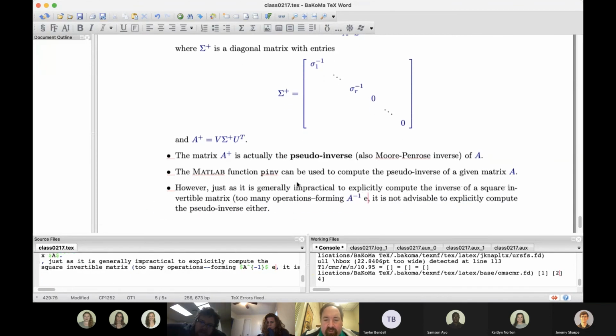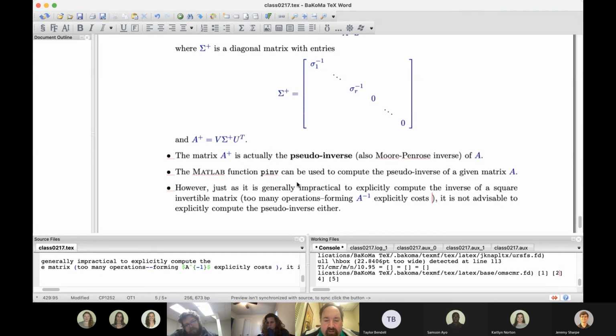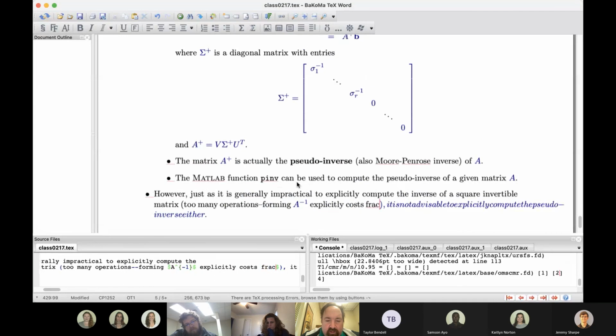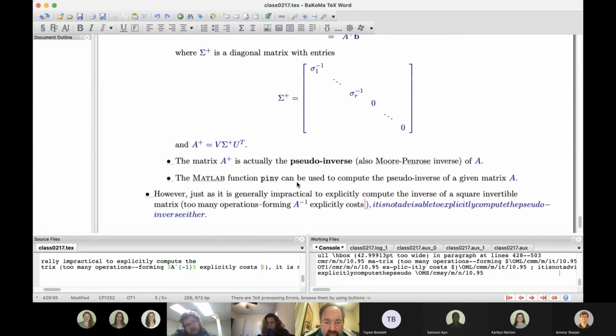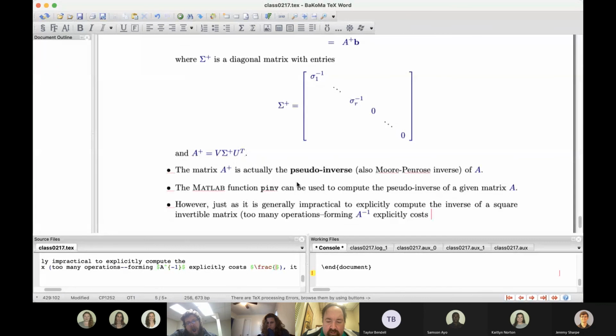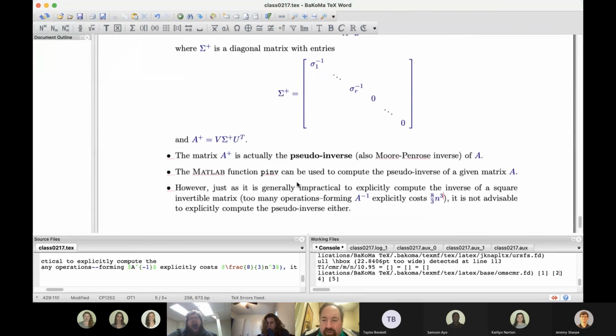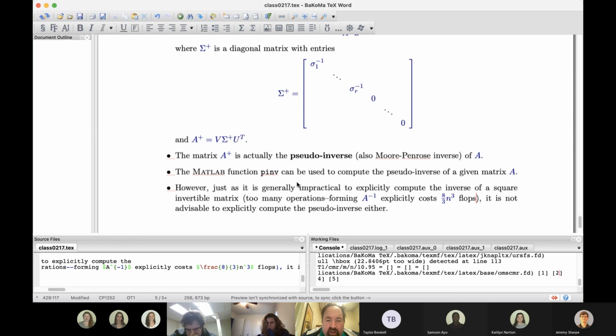Forming A inverse explicitly costs, whoops, 8/3 n cubed operations, 4 times the amount of just doing Gaussian elimination and back substitution to solve a system, because you never want to solve Ax equals B by computing A inverse, and then multiplying A inverse with B. Because if you just use a regular method that I showed you in chapter 3, that's 2/3 n cubed floating point operations.